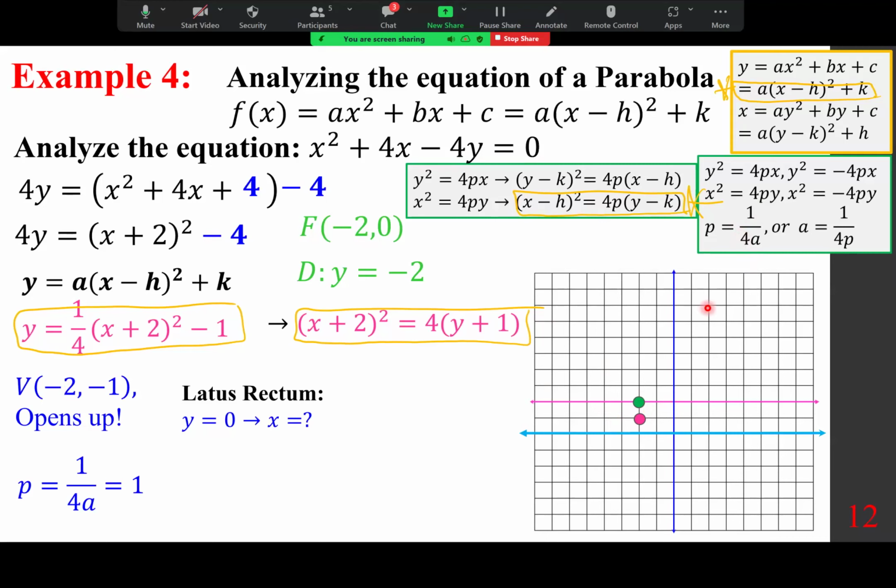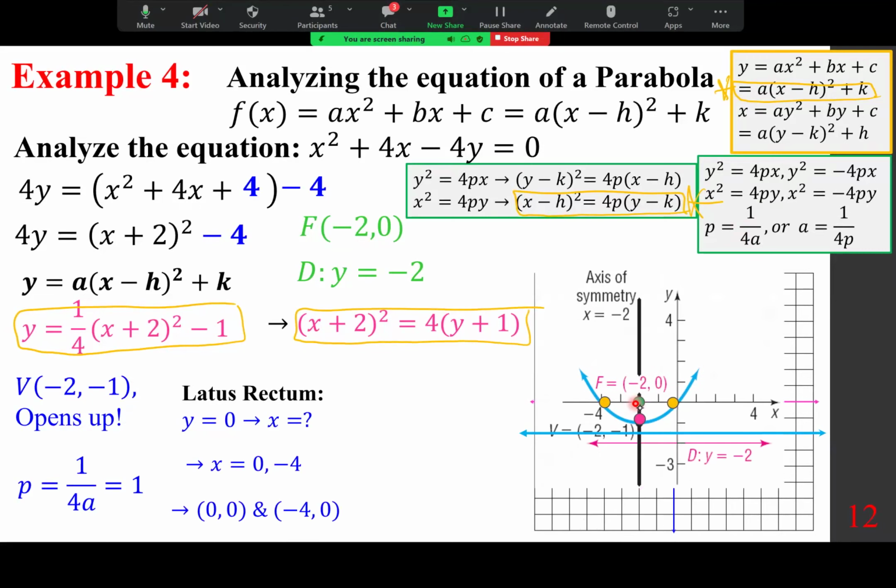The latus rectum is at the same y coordinate as the focal point, and you find the x becomes 0 and -4, so (0, 0) and (-4, 0), and here's the graph. That's the focus, that's the vertex, that's y equals -2 the directrix. This is the axis of symmetry, x equals -2.